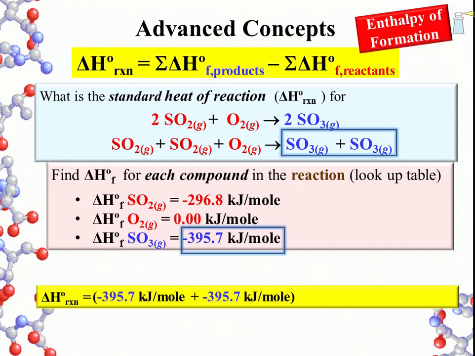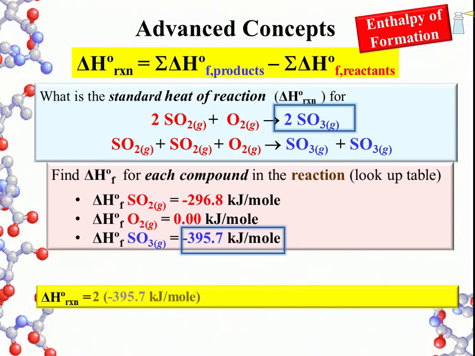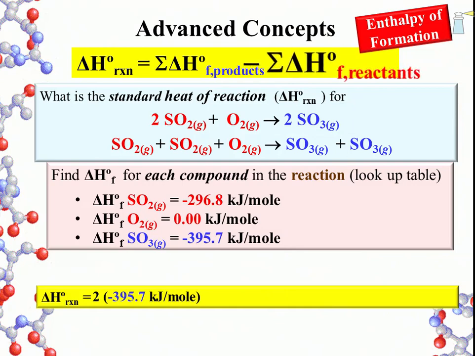So this part of the calculation is in order, but it can be cleaned up some if we look at the original equation and see that it has a coefficient of 2 for the sulfur trioxide. Instead of adding 2 standard enthalpies of formation in the summation, we can also use the coefficient as a multiplier. It is the same thing, only easier to follow. Now to subtracting the standard heats of formation for reactants.